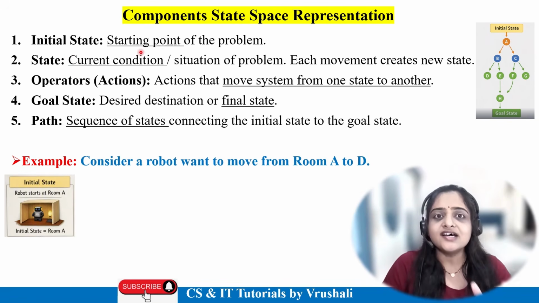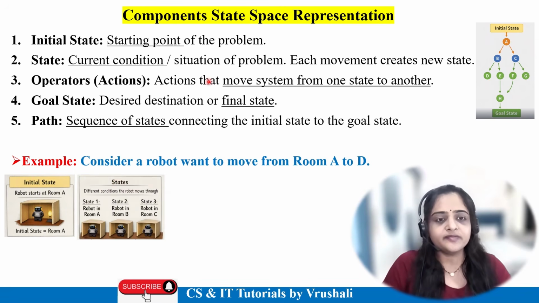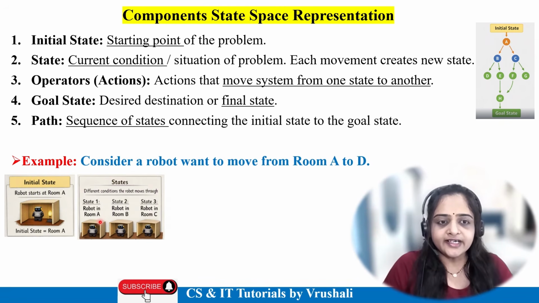Now see, the first component is initial state. Initial state means the starting point, the source of the particular problem. Currently, the robot is in room A. This is the initial state, the source of the problem. Okay. Now the next thing is state. State means current condition or current situation. For example, currently the robot is in room A. So this is called state 1.